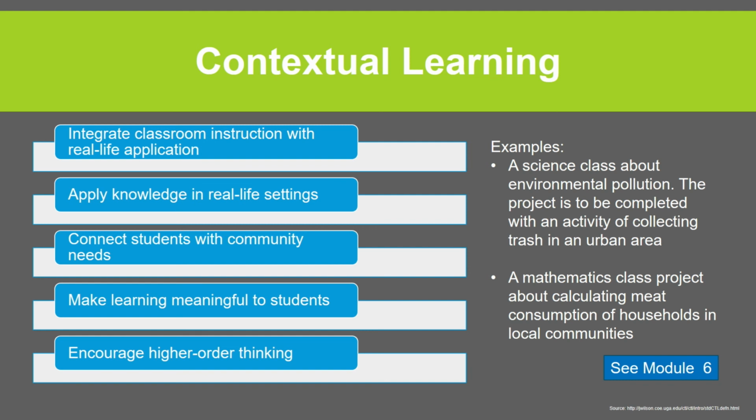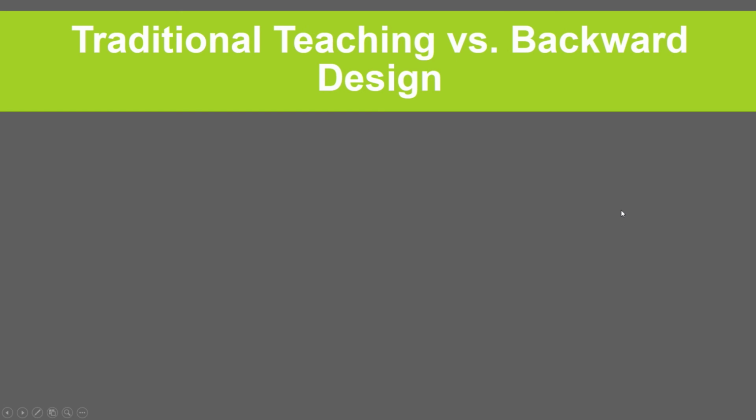Another one could be a math class that does some work in calculating the amount of food that's consumed in the household and local community and how that feeds back into the supply chain and what that looks like in different steps of the supply chain. In all, Module 6 will really dive deeper in better understanding each of these approaches to accomplishing contextualized learning.